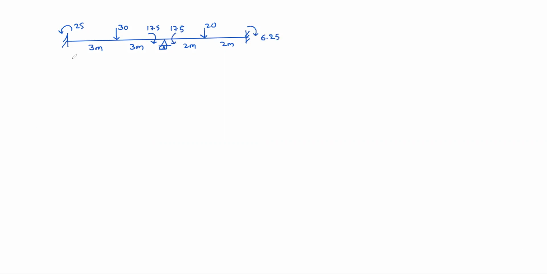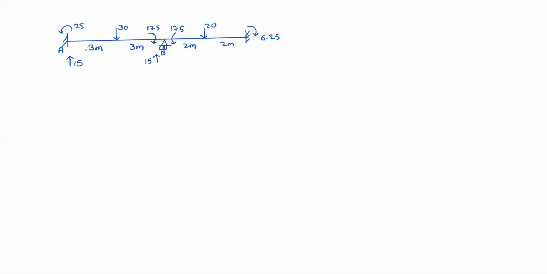See, as 30 is a midpoint load, for 30, 15 will come as reactions like this, and 25 anti-clockwise, 17.5 clockwise. In the span AB, if you observe, 25 is anti-clockwise, 17.5 is clockwise, net is anti-clockwise 7.5.